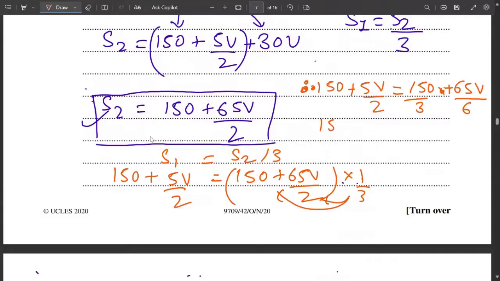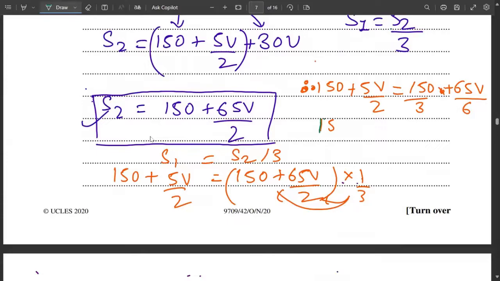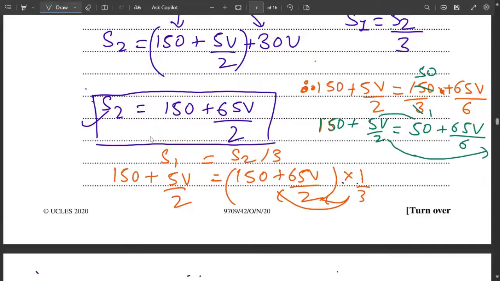Therefore, 150 plus 5V upon 2 is equal to 50 plus 65V upon 6. We can't divide it, my bad. Now this can go there and 50 will come here.